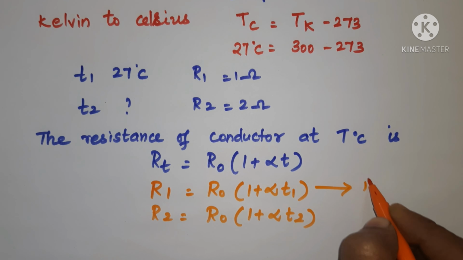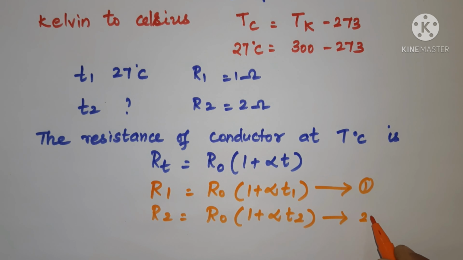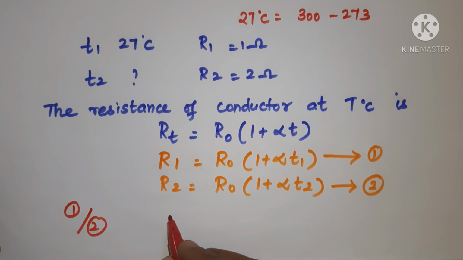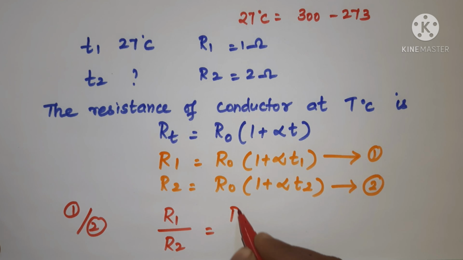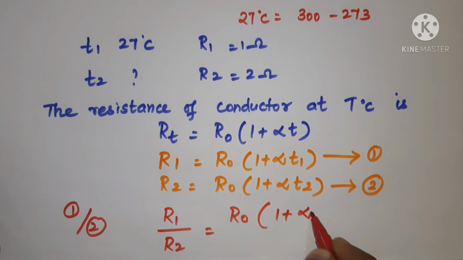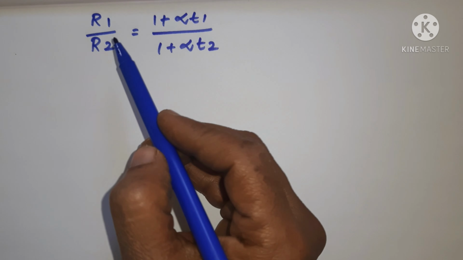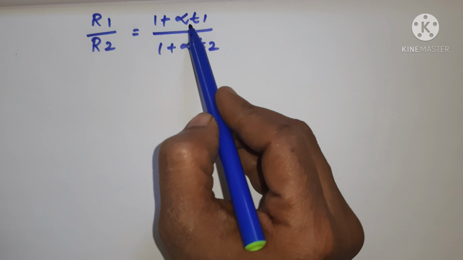Let me name this to be the first equation and this is to be the second one. Now we shall divide 1 divided by 2. So I have R1 divided by R2 is equal to R0 into 1 plus alpha T1 divided by R0 into 1 plus alpha T2. Here R0 will be getting cancelled. Remaining terms, I have here R1 by R2 is equal to 1 plus alpha T1.